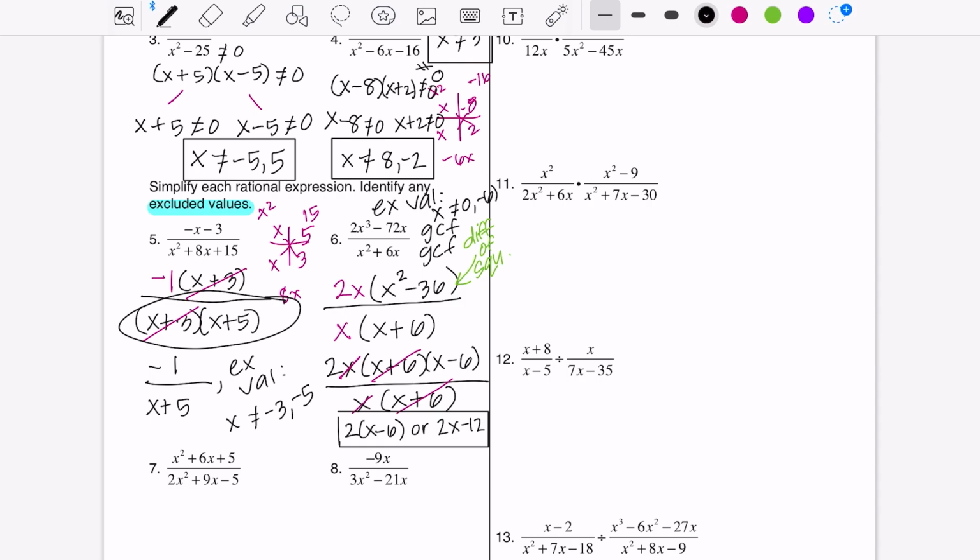Next one, we're just going to do a bunch of t-charting. So the top is going to t-chart into x plus 5 over x plus 1.